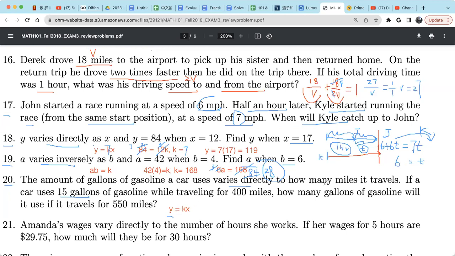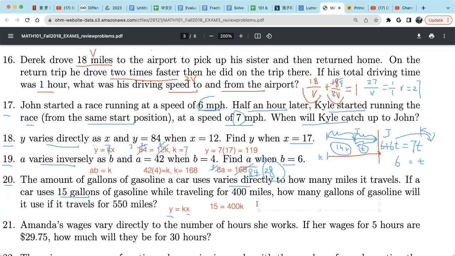It varies directly to how many miles. X is how many miles it travels. So if a car uses 15 gallons of gasoline, y equals 15. While traveling for 400 miles, that's 400k.